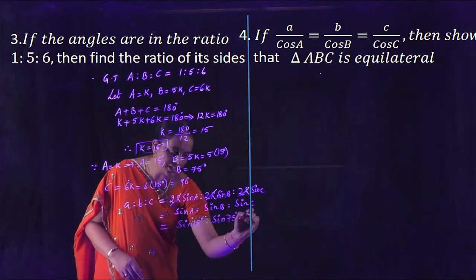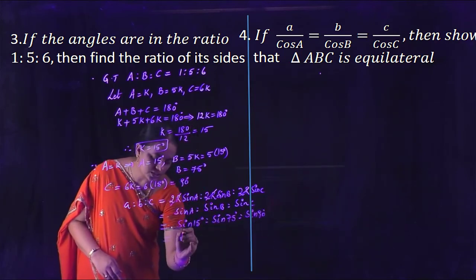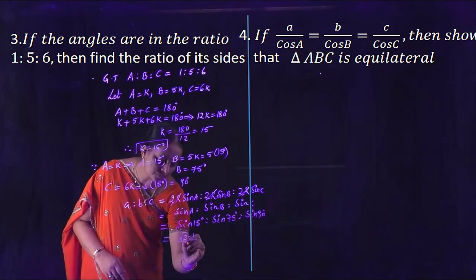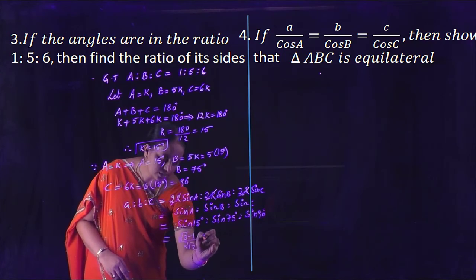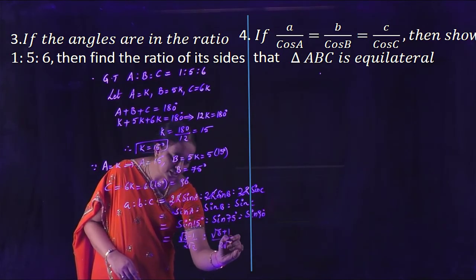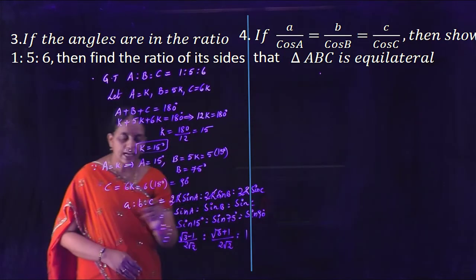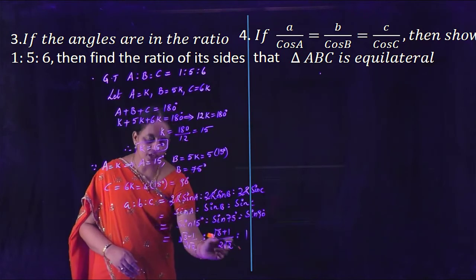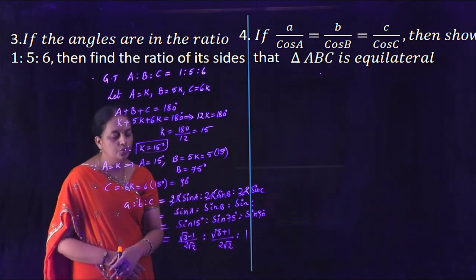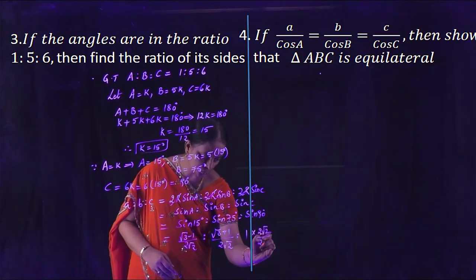Sine 15 degrees means root 3 minus 1 by 2 root 2, sine 75 degrees means root 3 plus 1 by 2 root 2, and sine 90 means 1. In the first two terms, the denominator is 2 root 2, so the third one is also multiplied and divided by 2 root 2.